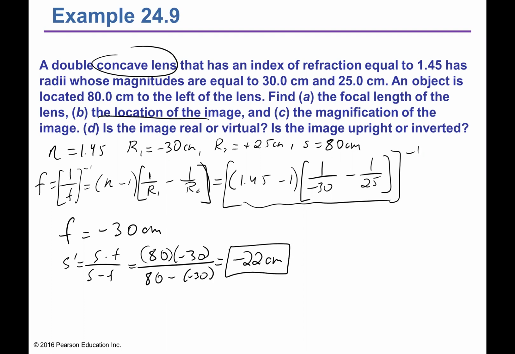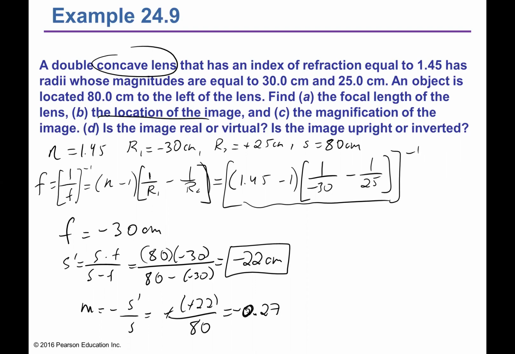Again, I should expect negative because it's a concave lens. All right, so let's look at magnification, which is equal to negative S prime over S. So negative 22 divided by the object distance, which is 80. And the negative cancels out. So what we end up with is 0.27.